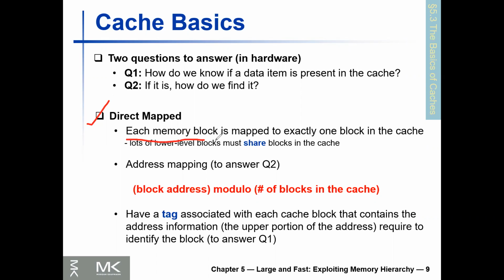Each memory block, main memory or RAM block, is mapped to exactly one block in the cache. Many lower level blocks must share a block in the cache, because the cache has very limited blocks, but memory has more blocks.